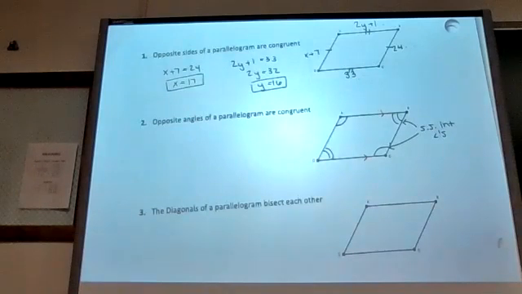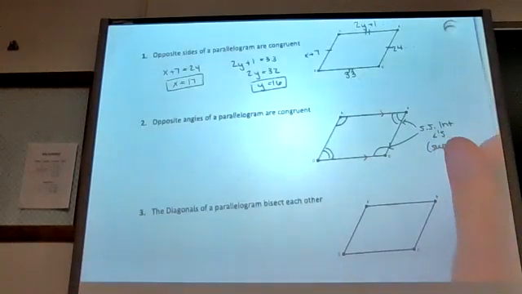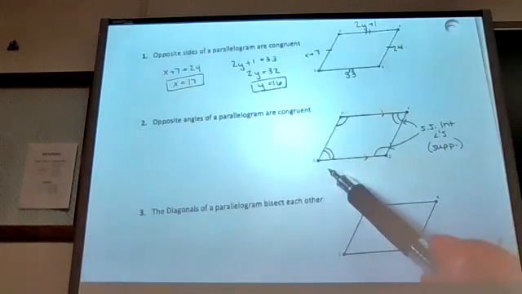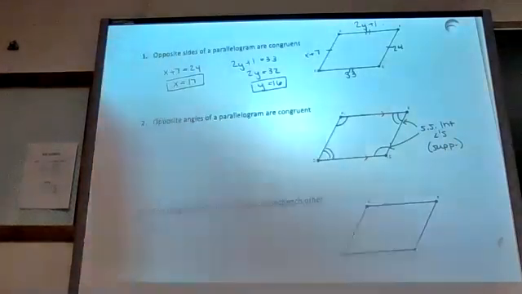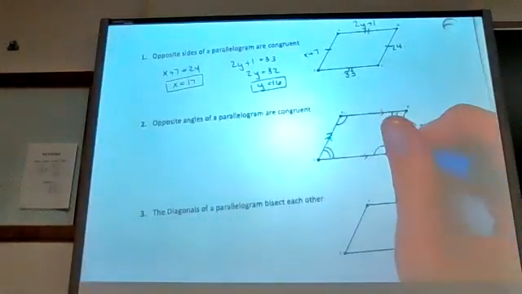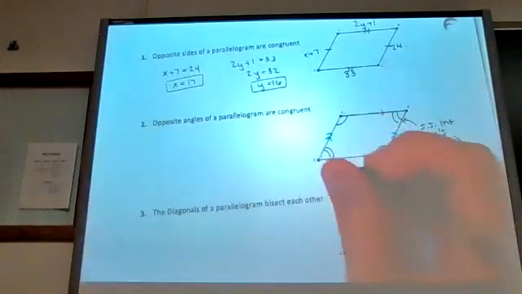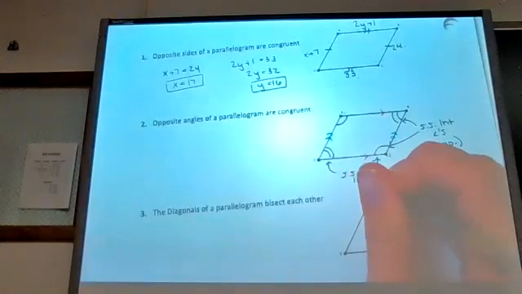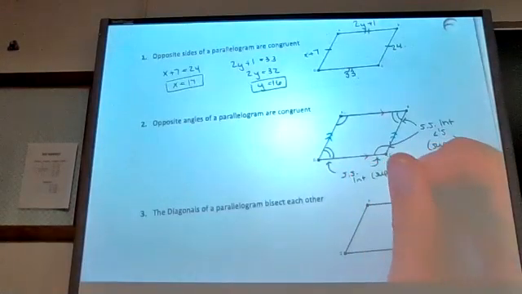Are they congruent or supplementary? They are supplementary. So we know the opposite angles are the same. We also know these are parallel, these are also parallel across from each other. So these are also same side interior angles, or those are also supplementary.